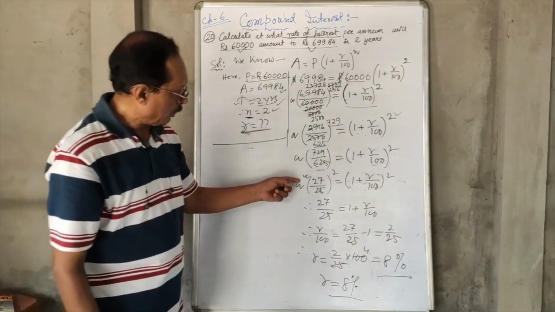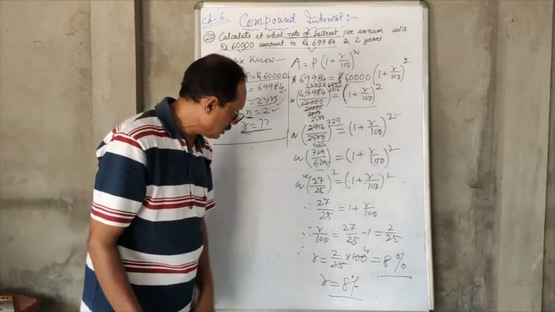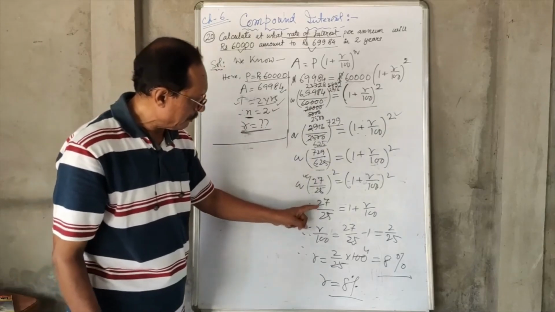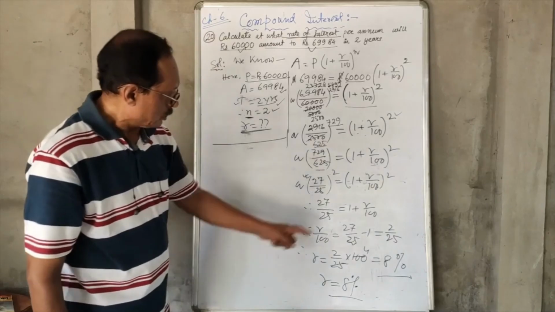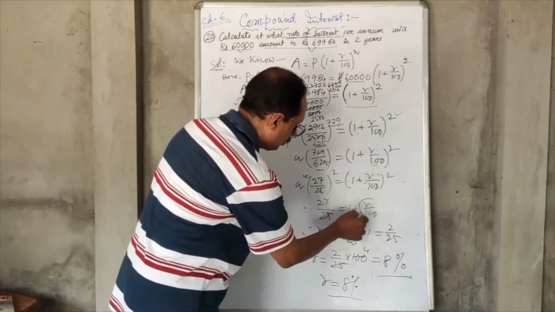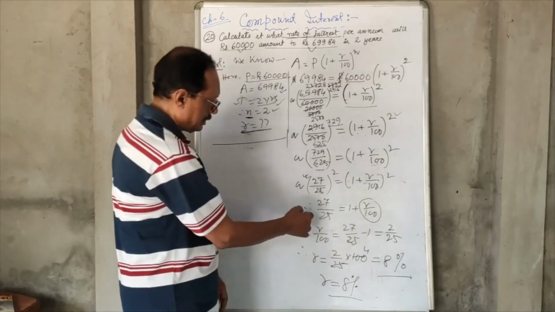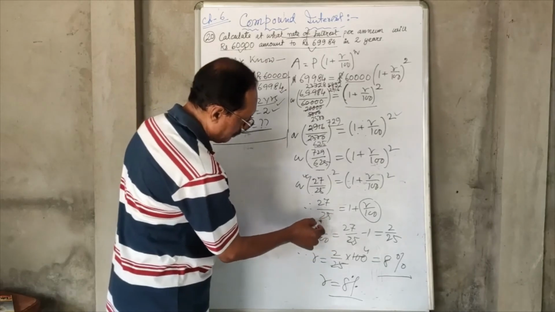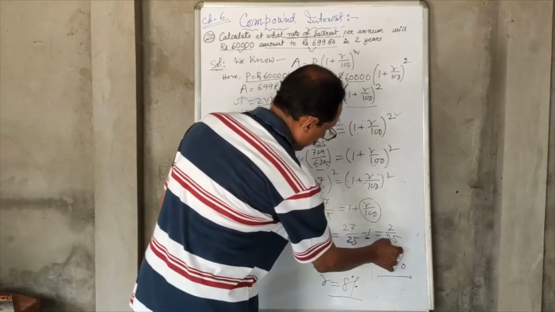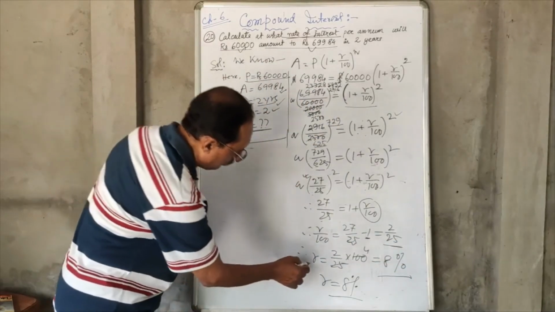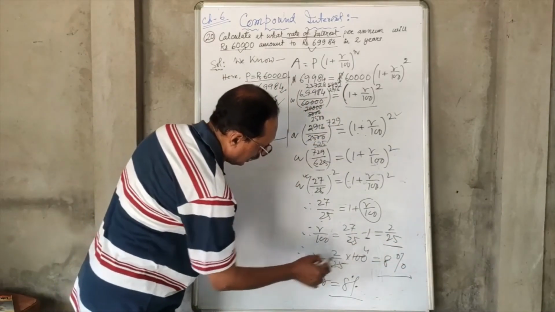Taking the square root of both sides, the square goes out. So we get 27 by 25 is equal to 1 plus R by 100. So R by 100 is equal to 27 by 25 minus 1, shifting the 1 to this side. Simplifying, we get 2 by 25. So R will be equal to 2 by 25 into 100.